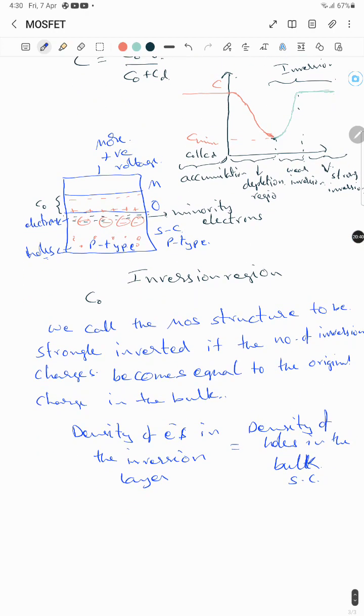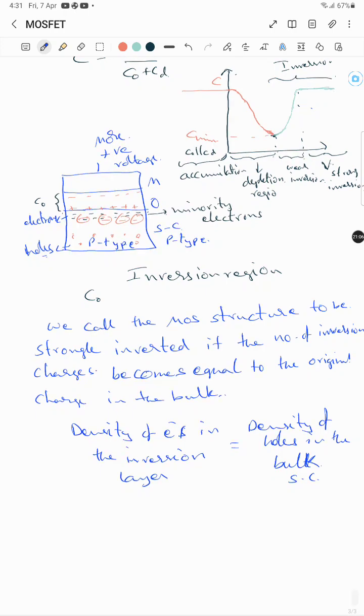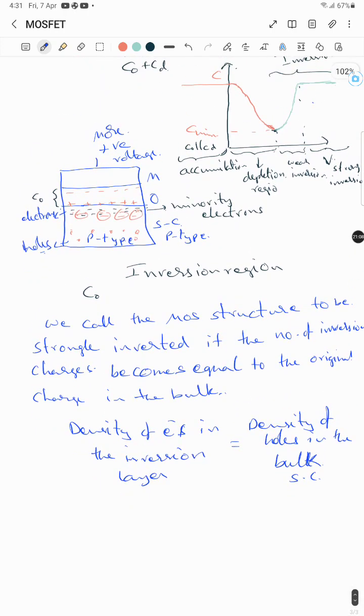So here it is. This CV characteristic is very important. You can characterize a lot of things from this CV characteristic. For example, we can calculate the thickness of the oxide layer, and we can calculate the maximum depletion layer width, all from this CV characteristic, and that is out of scope for this video.